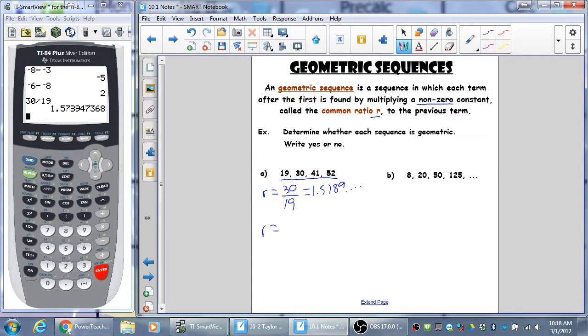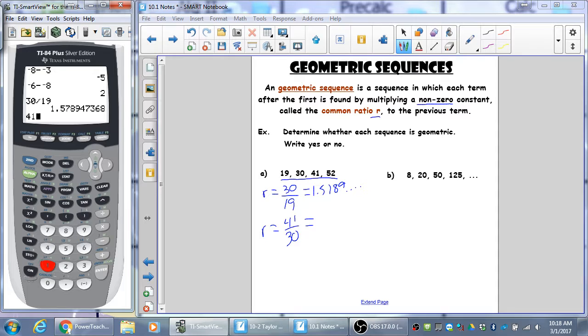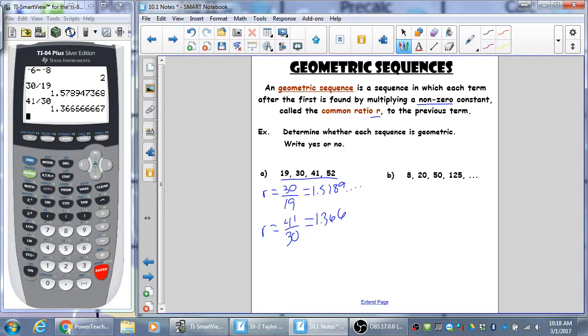Well, is 41 divided by 30 the same thing? No, it does not. That's 1.366. So this is not geometric. We're not multiplying by the same thing. There might be a pattern there, but it's not geometric.